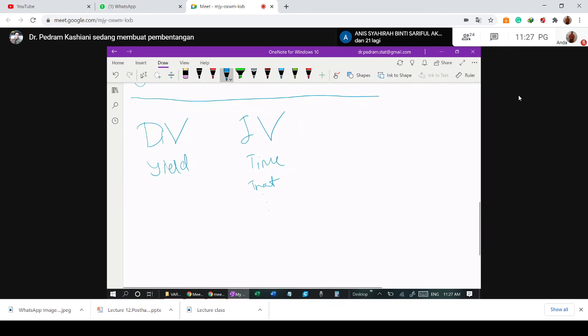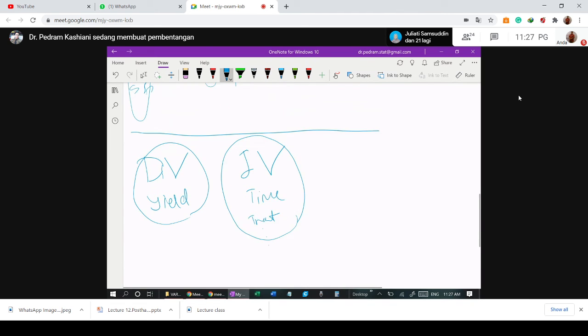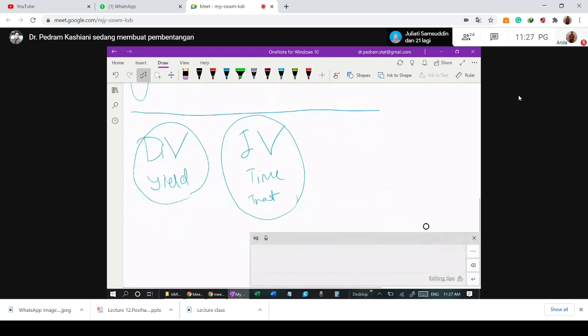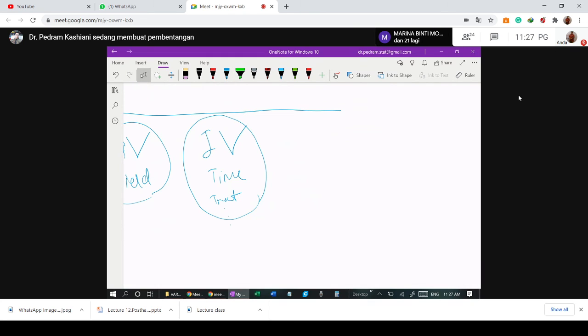Okay, what is regression analysis? Regression analysis is I estimate dependent variable using independent variable. Just one example I want to do. For example, I want to look at the growth of corn or any other plant you want to talk about.